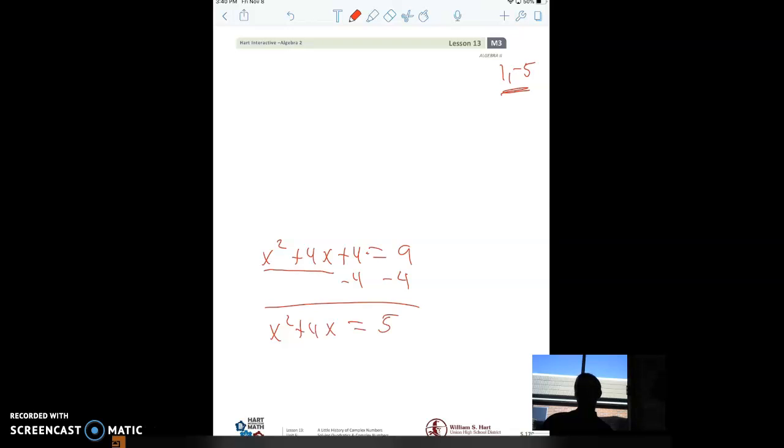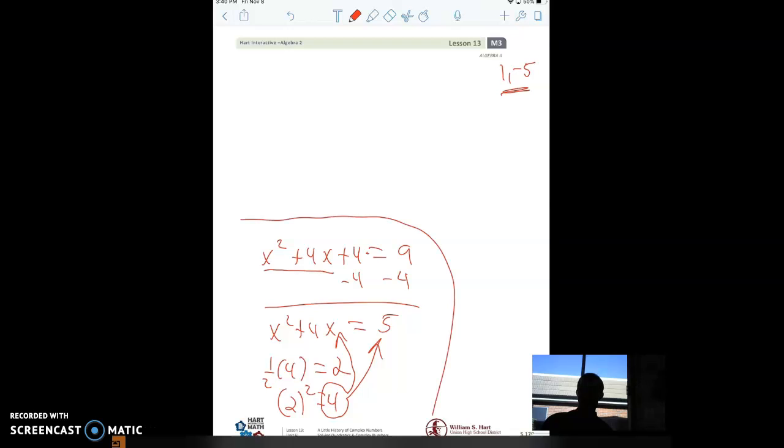Then remember, for completing the square, I have to add the magic number to both sides. So I'm going to half the middle term, and after that, you have to square that number. That's the magic number that you have to add to both sides of the equation. Adding that number to both sides, I get x² + 4x + 4 = 9.